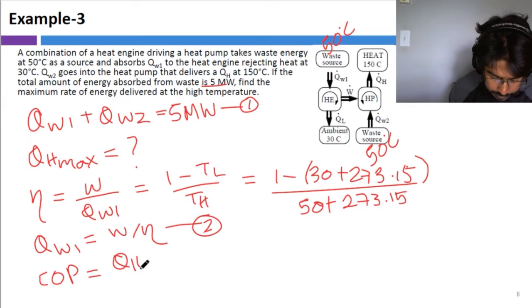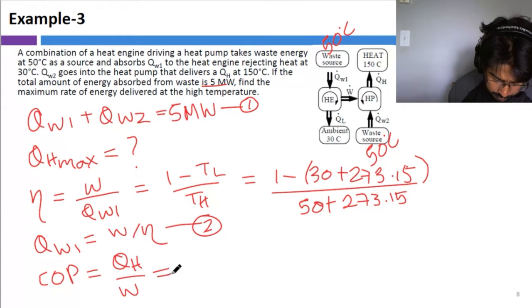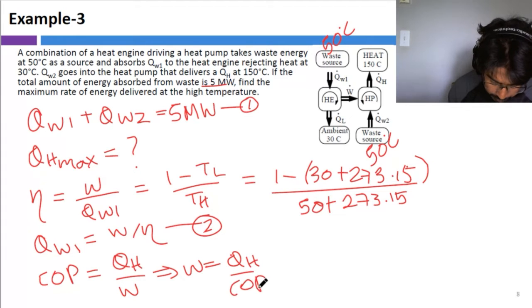Desired output is going to be QH divided by work input, which is W. And then we have this relationship between W and QH, so we can write W equals QH divided by COP. This is the third relationship.